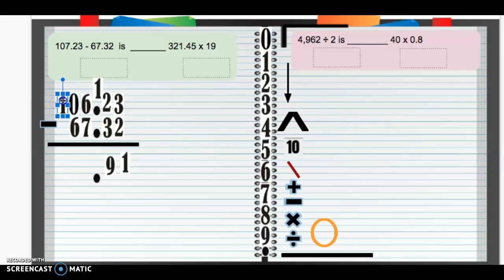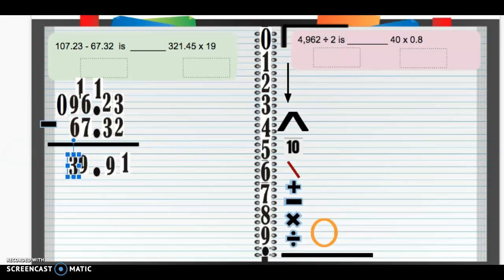Well, we can't take from the 0, so the 1 becomes a 0. The 0 becomes a 9 because it became a 10. Then we took away from it to make the 6 a 16. 16 minus 7 is 9. Remember that decimal point up. And then 9 minus 6 is 3.